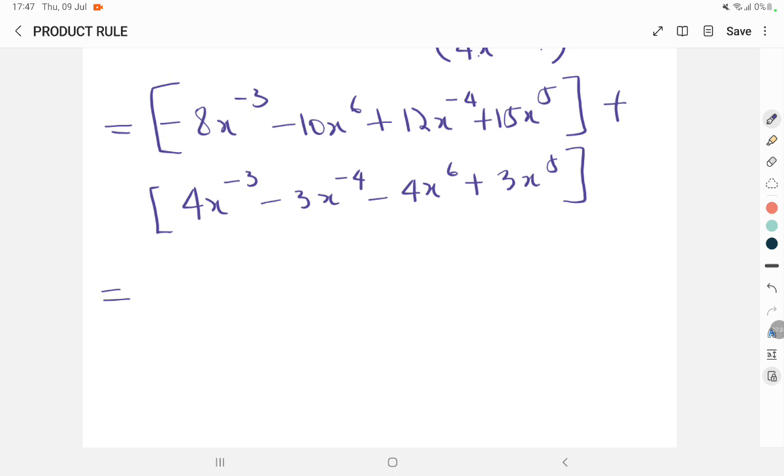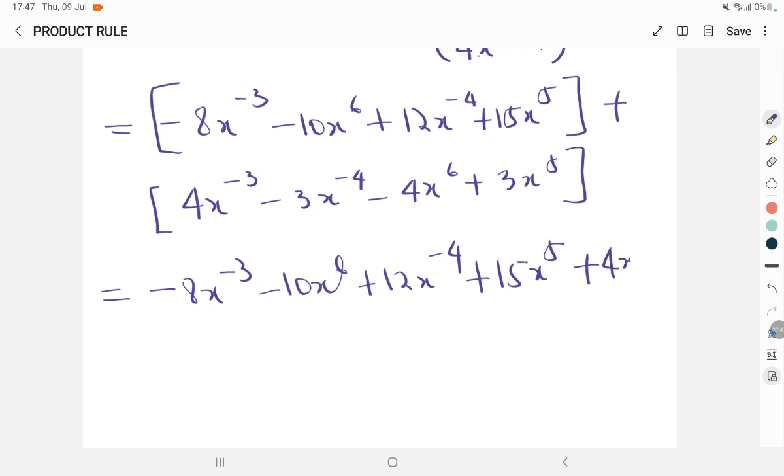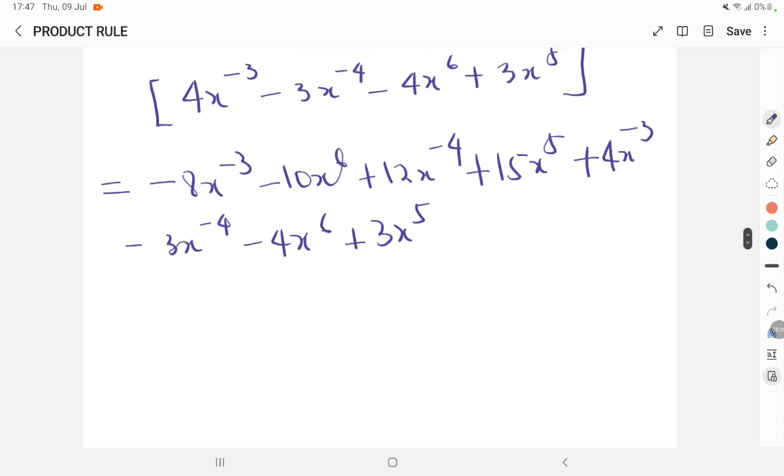So now we have to add all these functions and get the final answer. So we can have something like this: -8x to the power of -3 minus 10x to the power of 6 plus 12x to the power of -4 plus 15x to the power of 5 plus 4x to the power of -3 minus 3x to the power of -4 minus 4x to the power of 6 plus 3x to the power of 5, right?